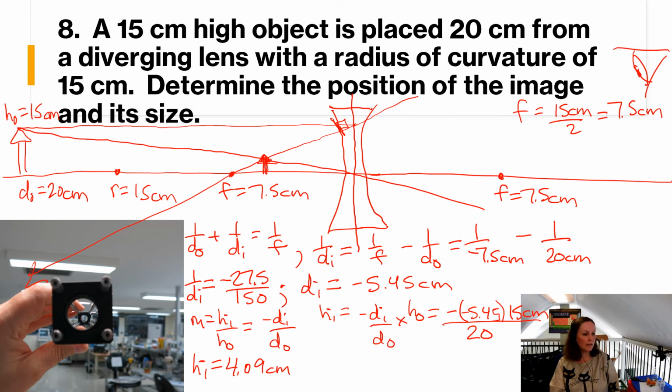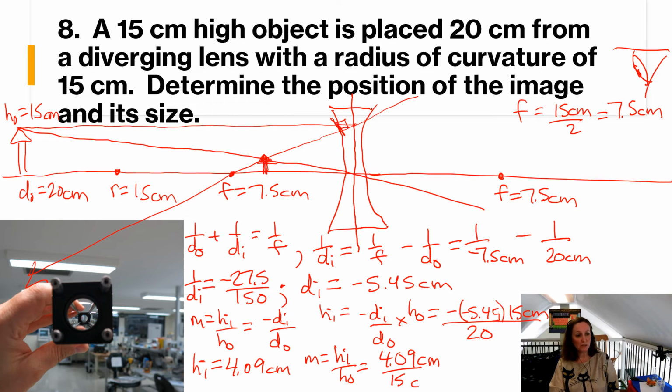Then you can also look at the magnification, and you can go with the heights or the distances. And the heights, height of image over height of object equals 4.09 all over 15 centimeters.